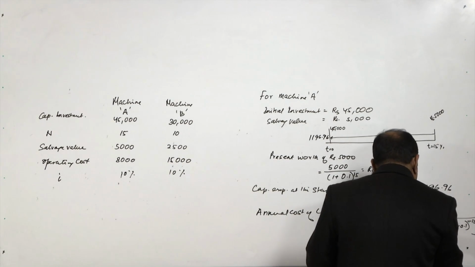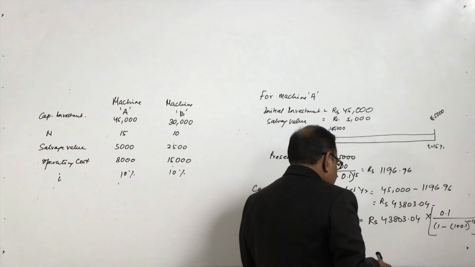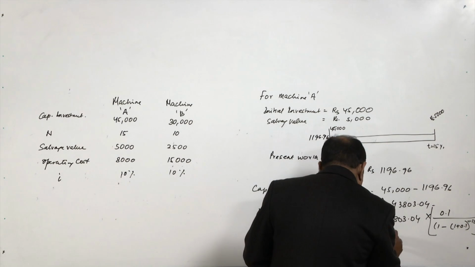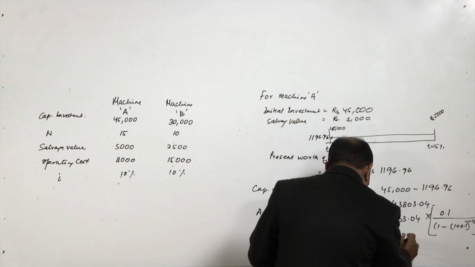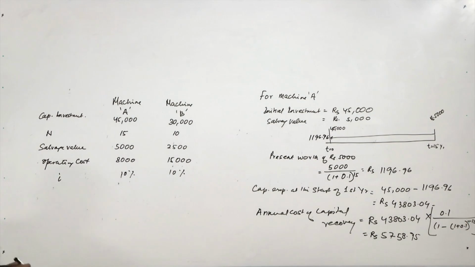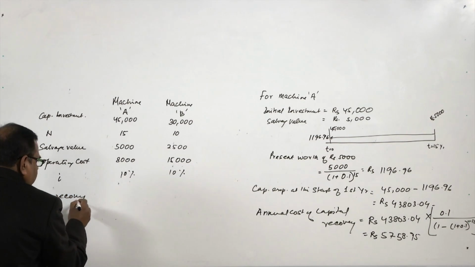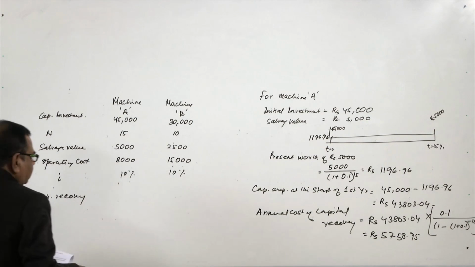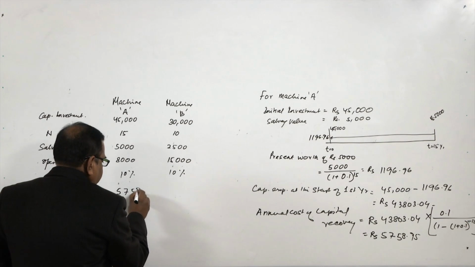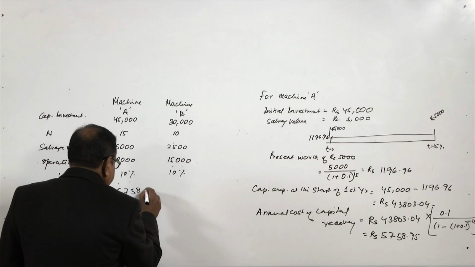This is my capital recovery factor, and this gives me rupees 5758.95. So, here I can write down my capital recovery per year as 5758.95.